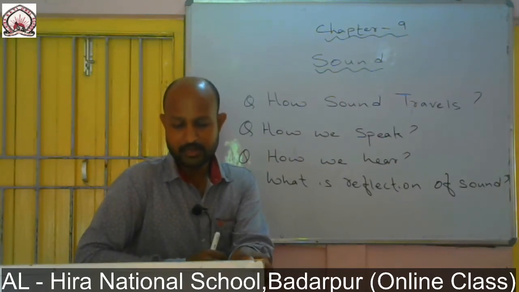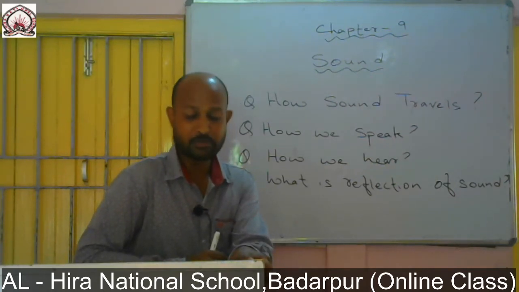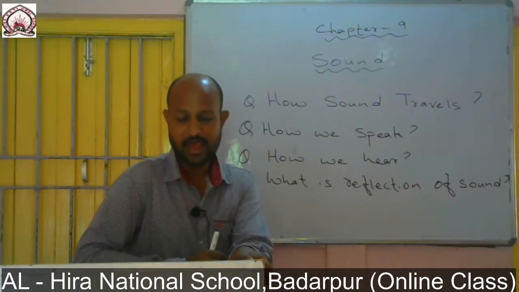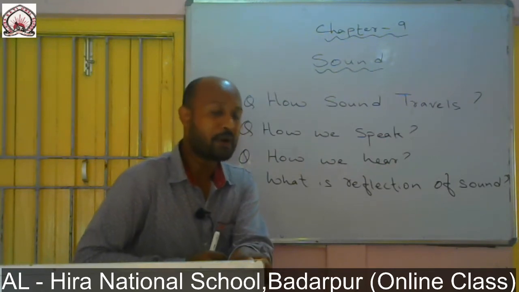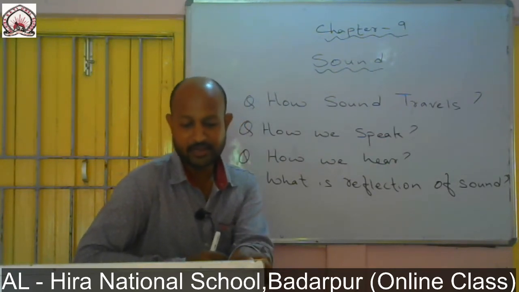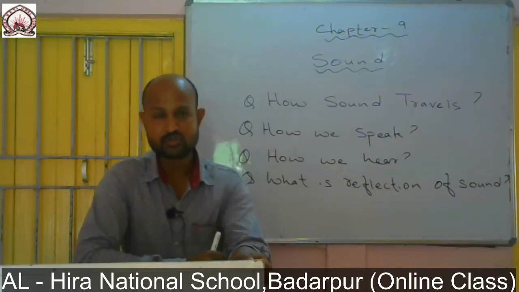Inside the middle ear we find three delicate interlocked bones, named hammer, anvil and stirrup. When the vibrations pass through the middle ear, all three bones start vibrating in such a way that the vibrations are passed to the inner ear, and inside the inner ear we have the main organ of hearing, which is known as the cochlea.